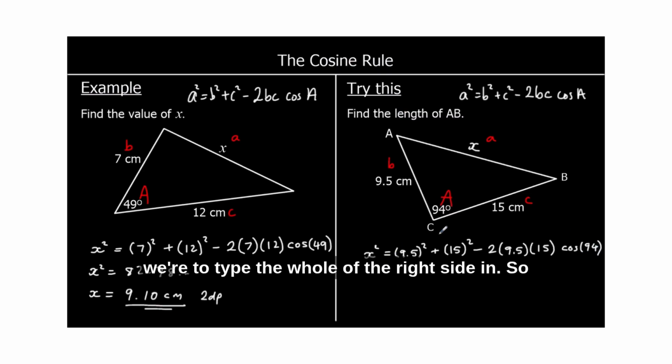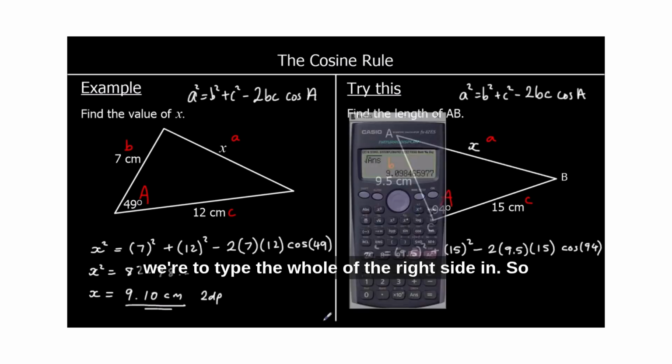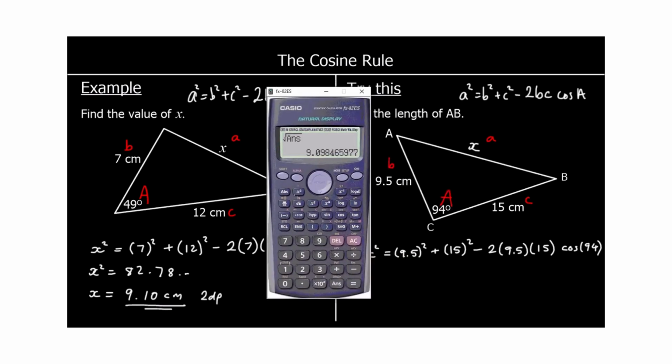So we're going to type the whole of the right side in: 9.5 squared plus 15 squared minus 2 times 9.5 times 15 cos 94.